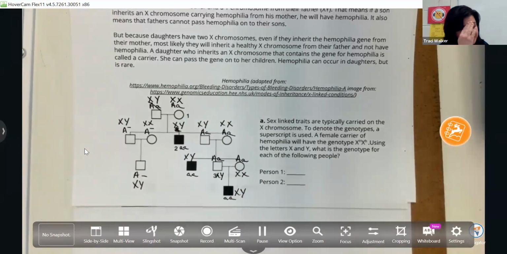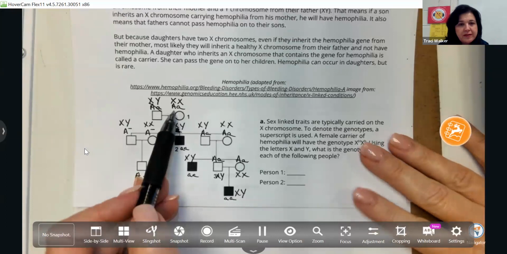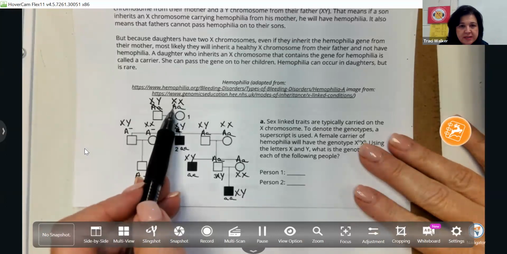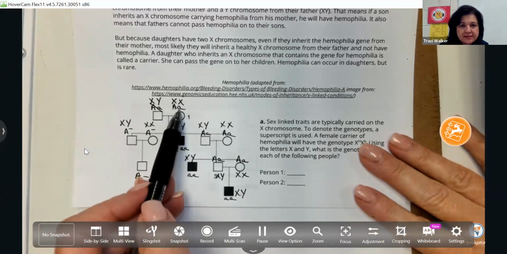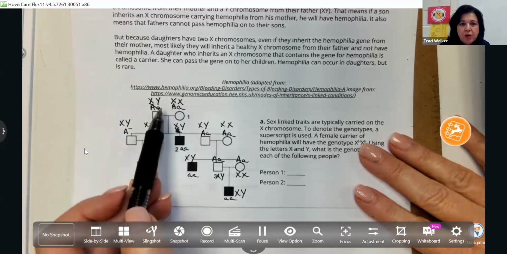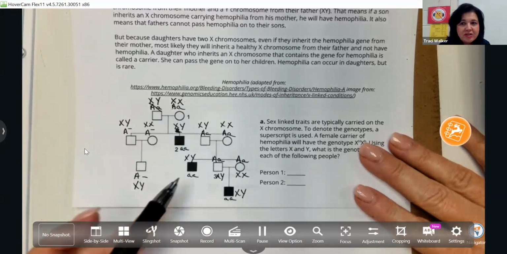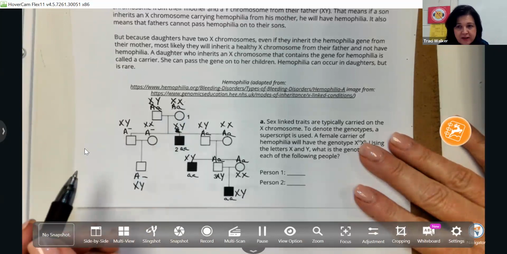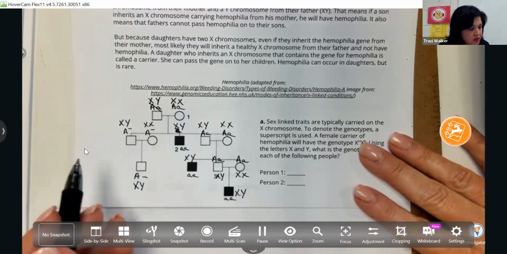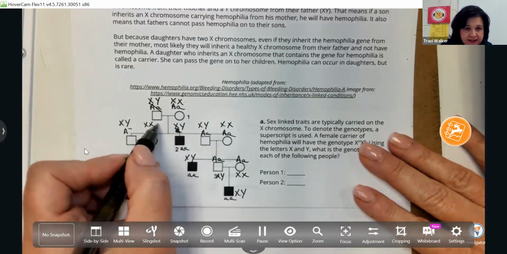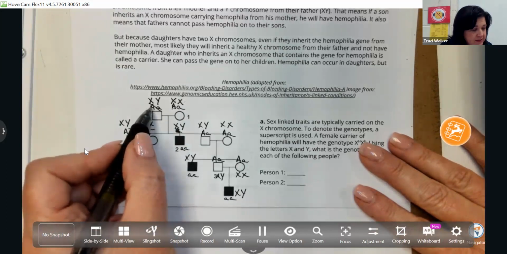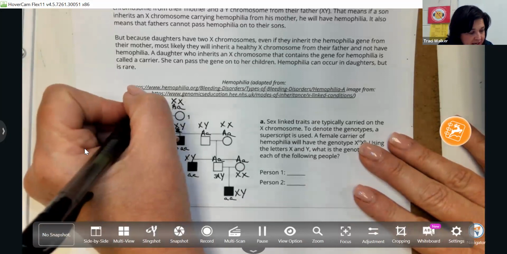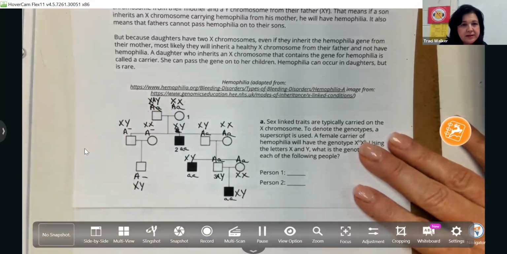With our females, we know that one of their X's has the dominant gene and the other X has the recessive gene. With males, we just need to figure out what's on that X, because the Y doesn't factor in here at all. If they are not affected, then that means their X has to have the dominant gene on it.